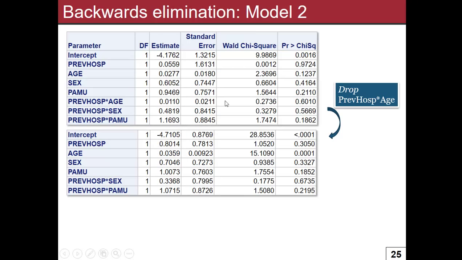Because you drop something from the model, you're fitting a different model, and lo and behold, nothing else is significant. It actually could have been that you dropped previous hospitalization times age, and one of these other EW terms became significant. This happens when you have two variables that are very, very similar to each other. Imagine you had a model where you adjusted for weight and waist size. I don't know.